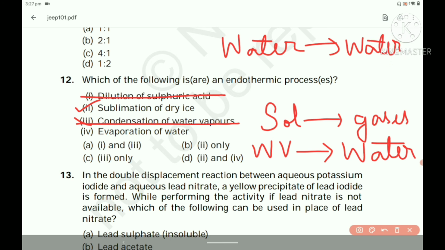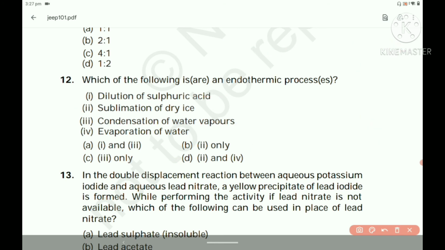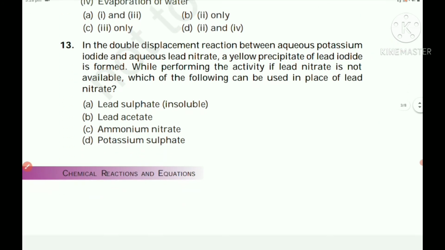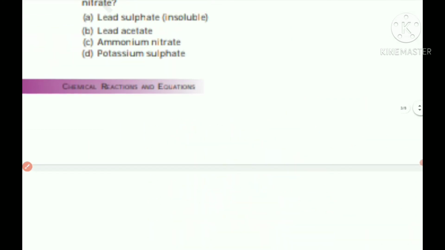Here it will absorb heat energy because it's getting converted into water vapor. You can remember boiling of water. You are supplying heat because it should absorb heat to get turned into water vapor. So it's an endothermic reaction. 2 and 4 is correct. D. Clear? Right. Is it the last question? Nope. Okay.